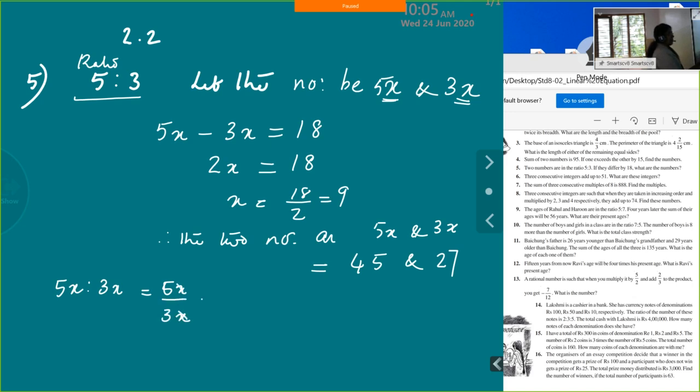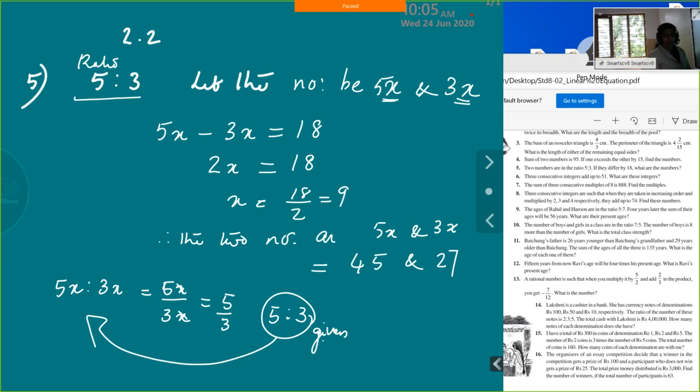The common part will be cancelled and we get 5 by 3. That is why the ratio is written as 5:3. This is what we normally do. But now you have to do the reverse process, since this is the given part. You need to find the numbers from here; this is the reverse one you are doing.